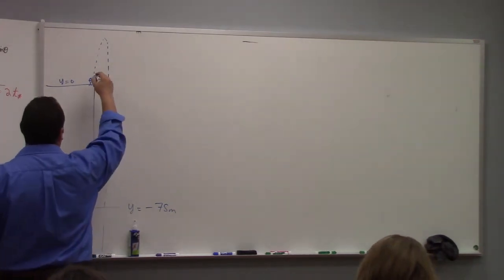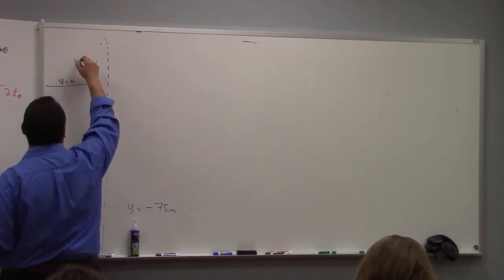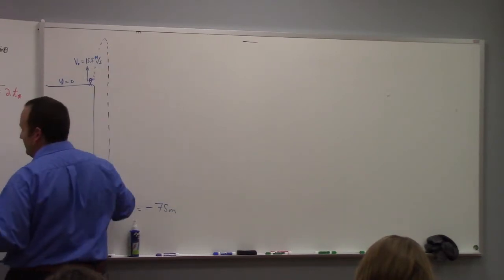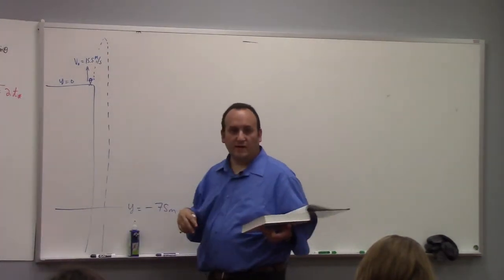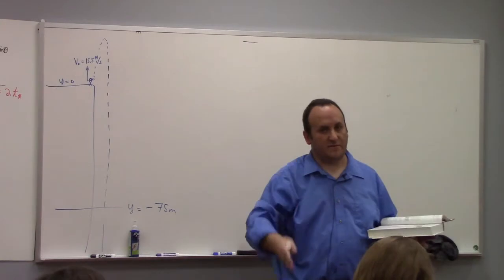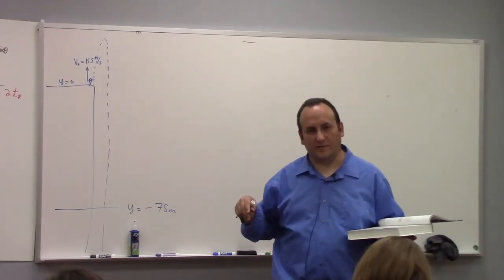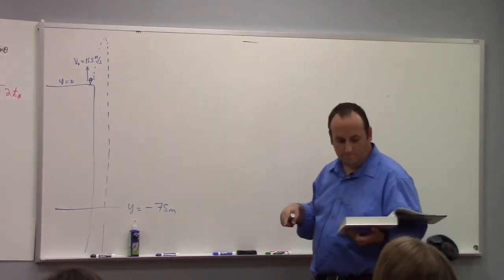And they said that the initial speed, v naught, was 15.5 meters per second. Does the x equation matter to this problem? It does not. It's just a vertical problem, so we can basically ignore the x. It's not complicated projectile motion. It's just up and down.